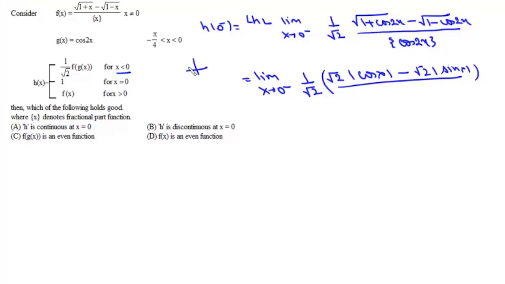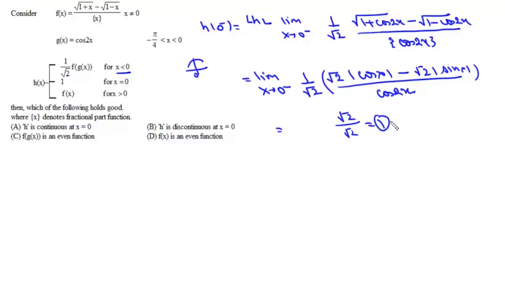Now we know that when x is less than 0, cos 2x will lie between 0 and 1, and if cos 2x lies between 0 and 1, fractional part of cos 2x will be simply cos 2x. Now first we'll check its form. So if we put x as 0, it will be this root 2 upon root 2, which is 1.